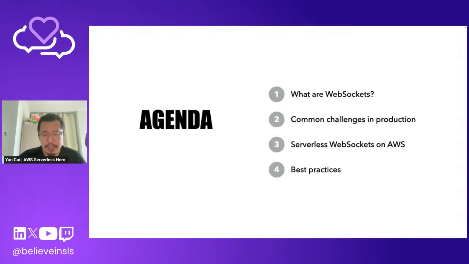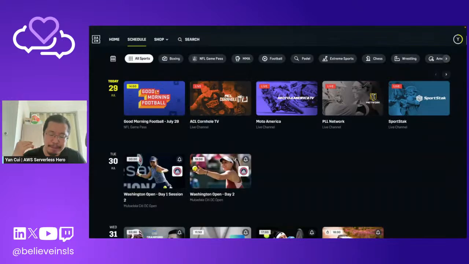In terms of WebSocket, one very common use case would be to push updates from the backend to the front end. In my last full-time job, I was working for DAZN, what we call the Netflix of sports. We are a sports streaming platform.